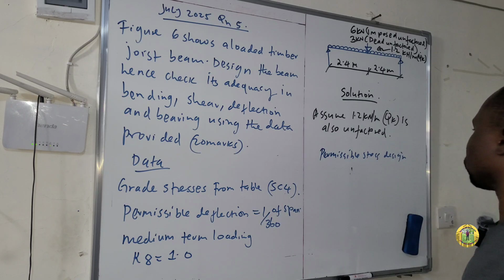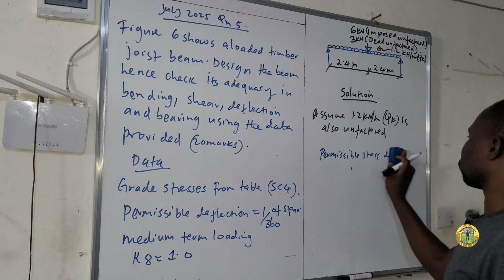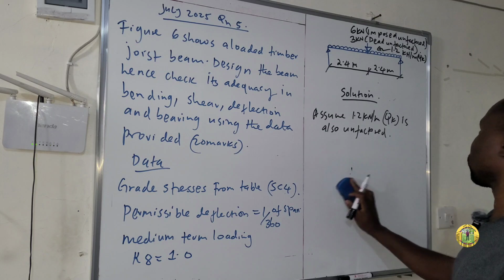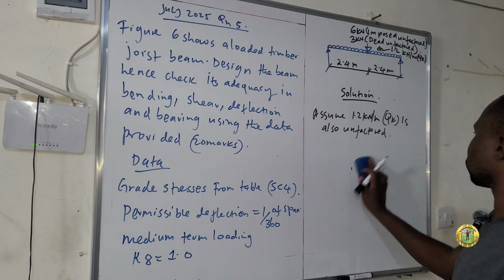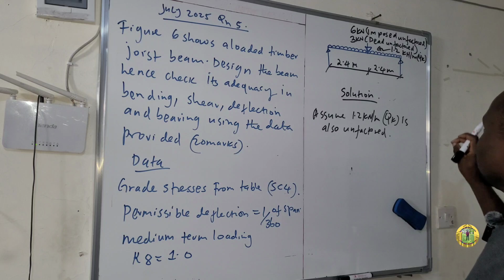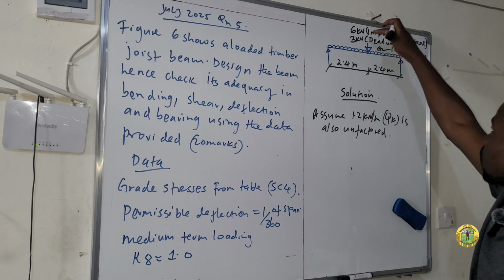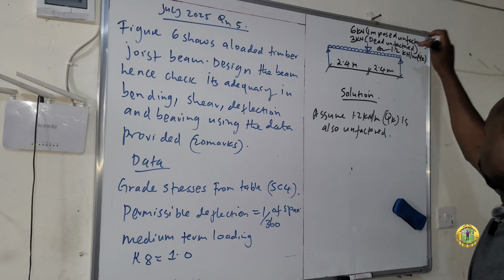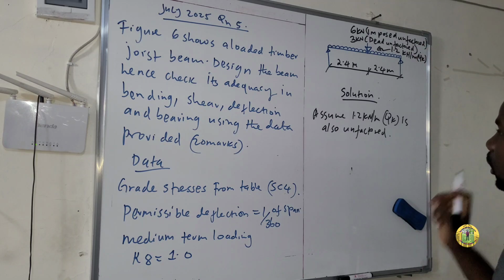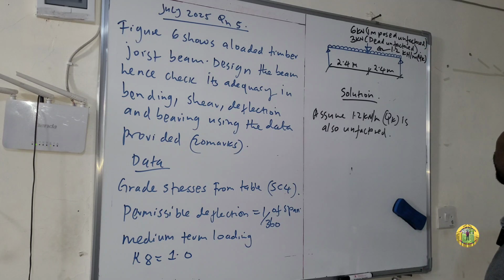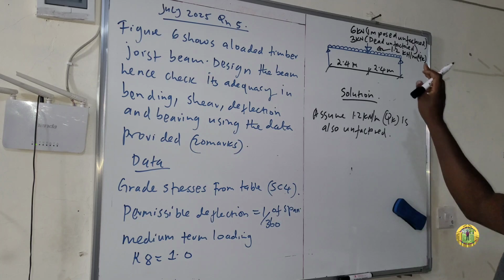So in permissible stress design, we are not supposed to factor the loading. We will just use the service load, the way the load is on that beam. For example, we'll just use 6 kilonewton, 3 kilonewton, and 1.2 kilonewton, the way they are, without factoring. So don't factor this loading.